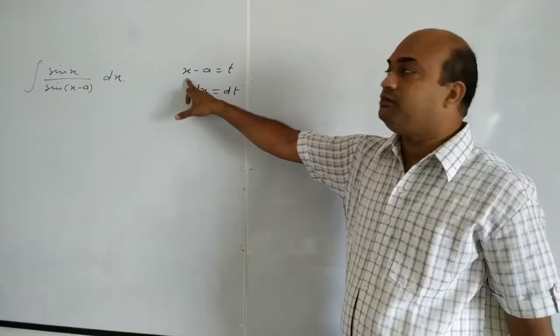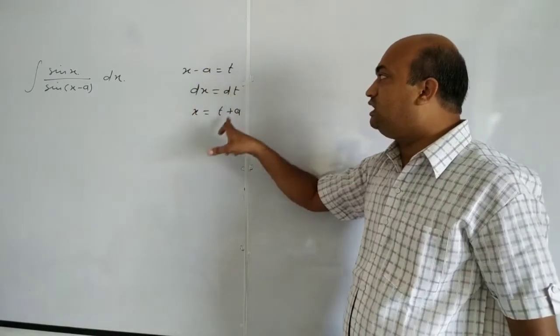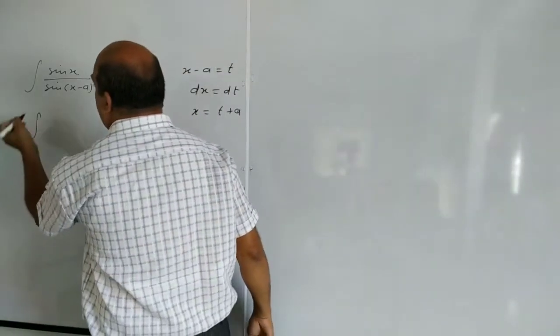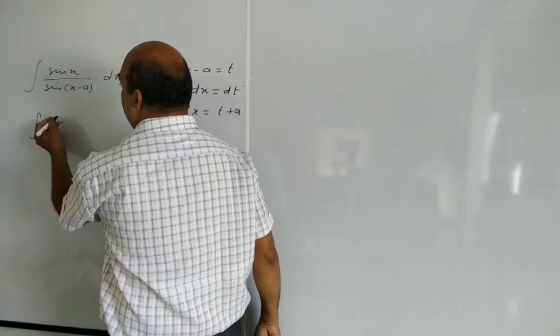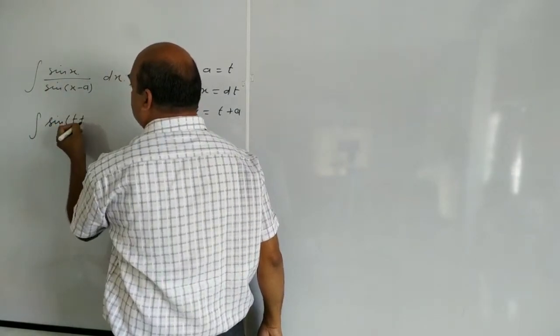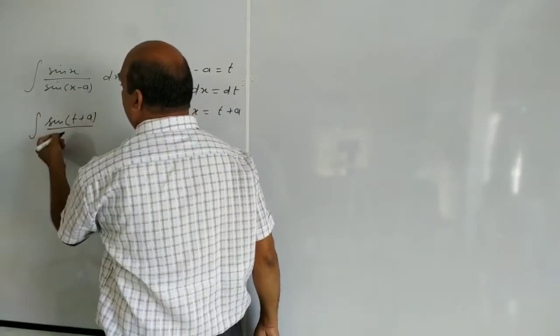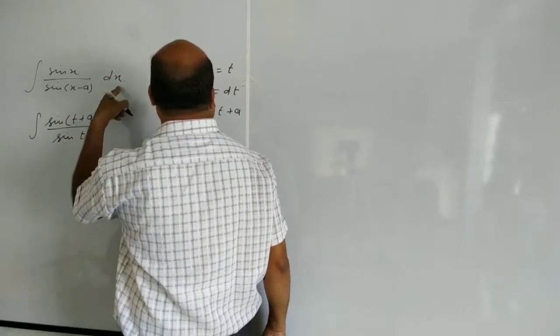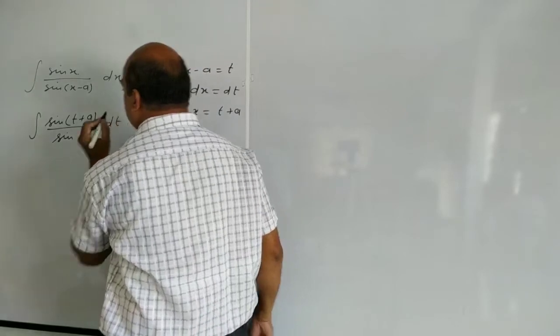And x from here we calculate by shifting this a here. So x is t plus a. So these values we substitute here. This sin x is sin(t plus a) upon sin(x minus a) which is sin t, and dx is dt.